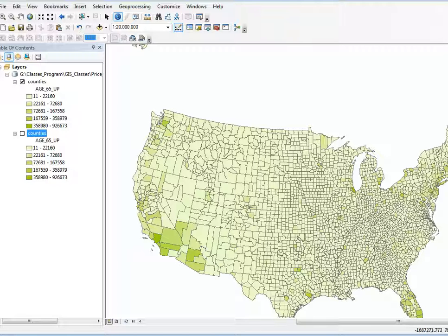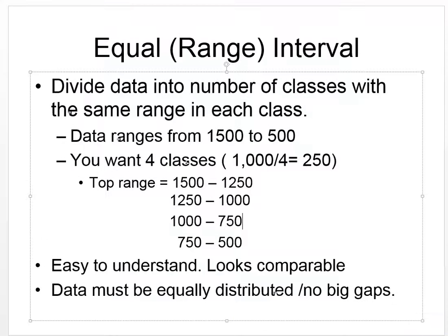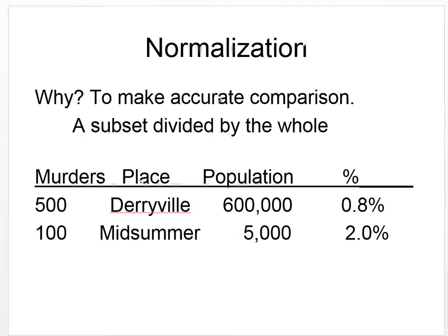However, if I want to look at a map that is not being influenced by the total number of people, by the population, I need to do what's called normalizing the data. For instance, if I'm looking at two different places, the town of Derryville and the town of Midsummer, and I'm looking at the number of murders, I can see that Derryville has a much higher number of murders.